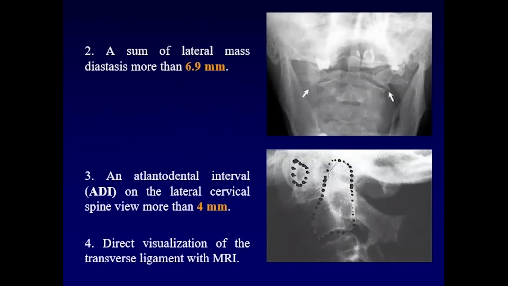If you have a sum of displacement of the lateral masses overhanging of a total of more than 6.9 millimeters, if you have an atlantodental interval, ADI, on the lateral cervical spine of more than 4 millimeters, and you can directly visualize the transverse ligament with MRI.